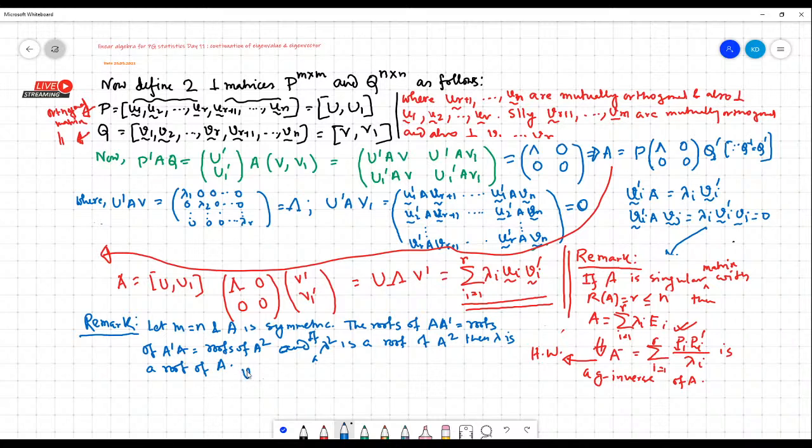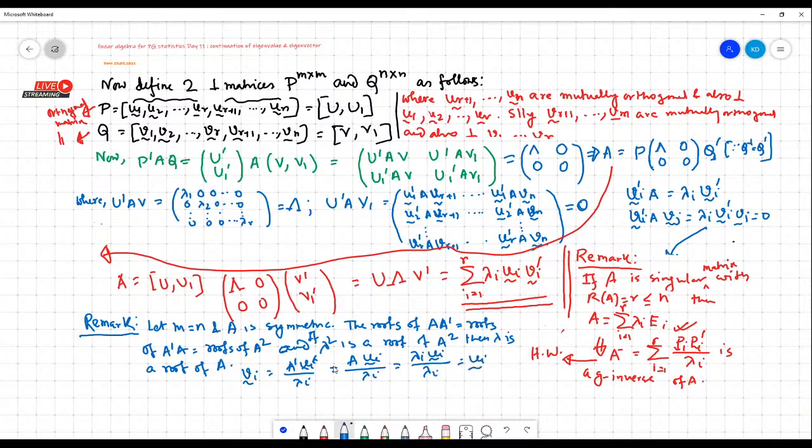So see that Vi curl equal to A prime Ui curl over lambda. We already get this thing. Since A is a symmetric matrix, A prime equal to A, so Vi curl equal to A Ui curl over lambda I, and Ui curl is an orthonormal eigenvector of A corresponding to eigenvalue lambda I. So Vi curl equals Ui curl.